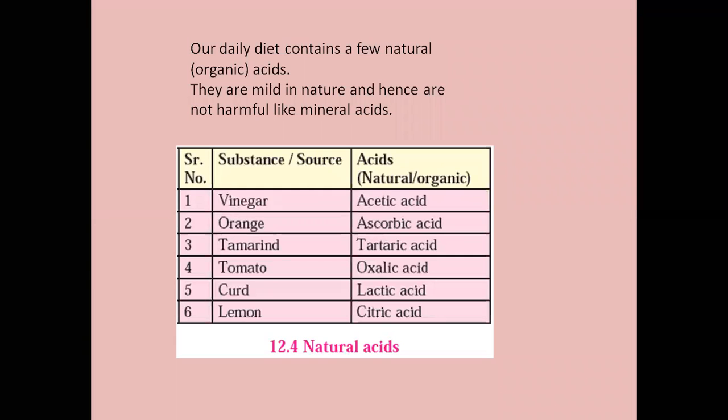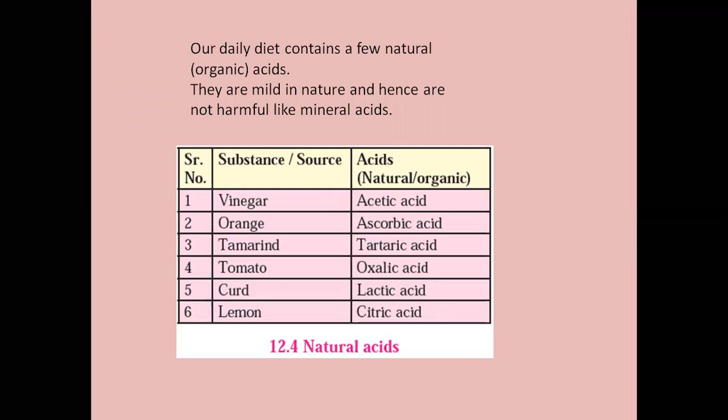Remember, in the beginning of the chapter, we spoke about which are strong and weak. Weak acids are usually those which are edible. So these are the list of weak acids given to us here. Vinegar, orange, tamarind, tomato, curd, and lemon. Vinegar contains acetic acid.